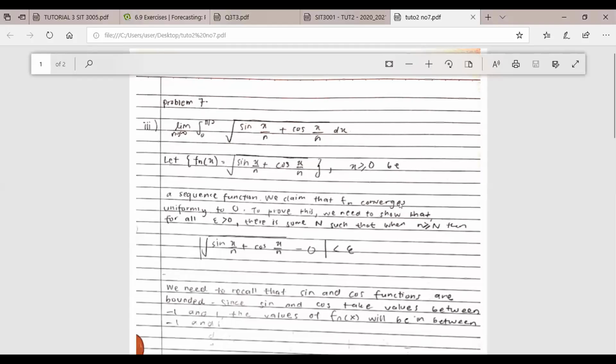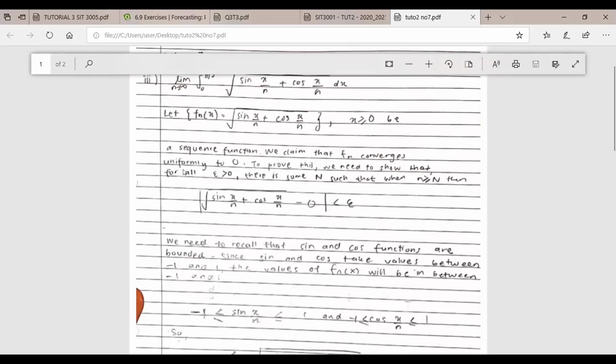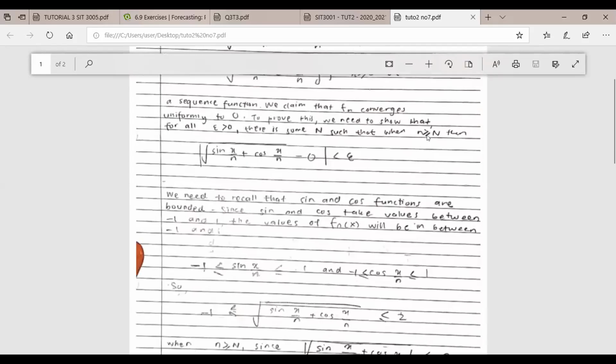We claim that f_n converges uniformly to 0. To prove this, I showed that for all epsilon greater than 0, there is some N such that for small n greater than or equal to N, f_n(x) minus 0 is less than epsilon.